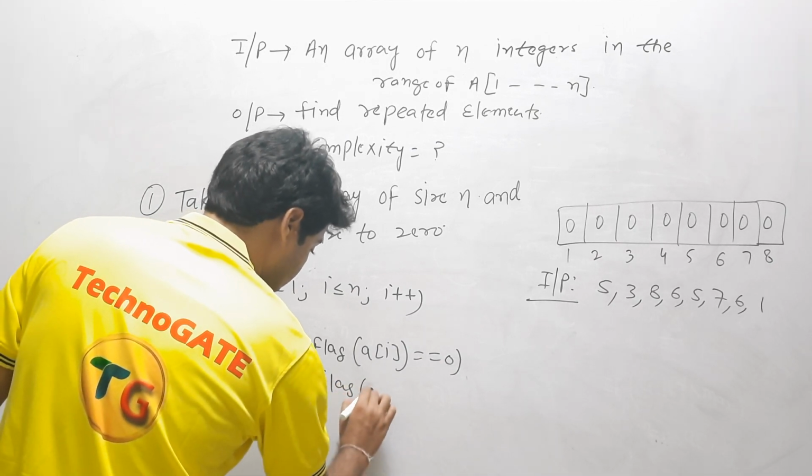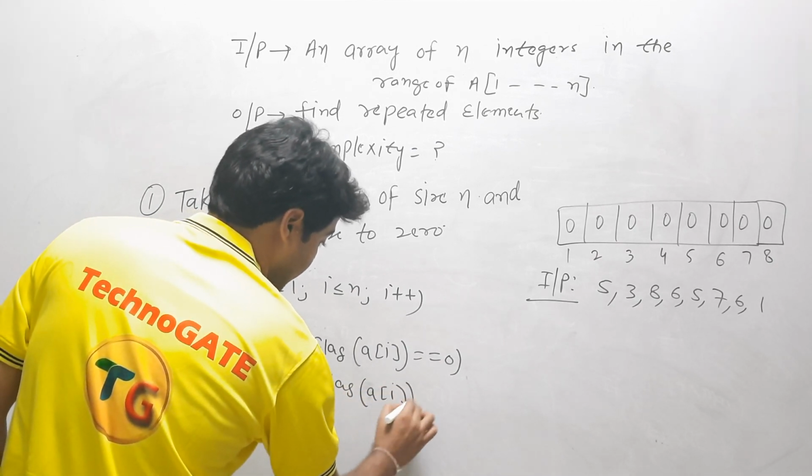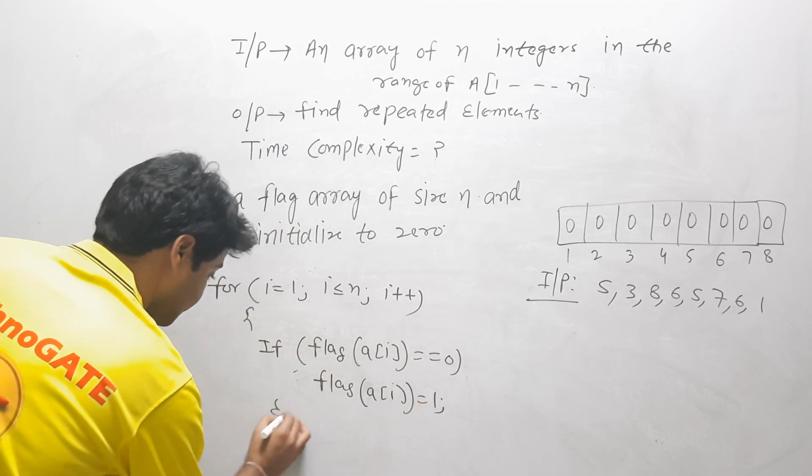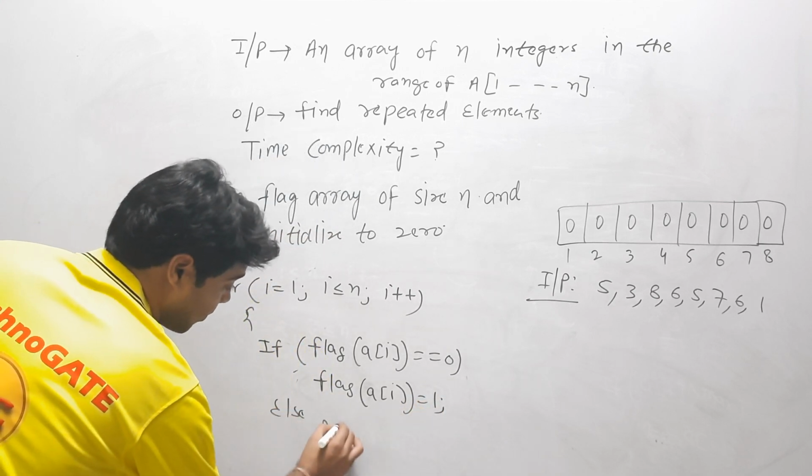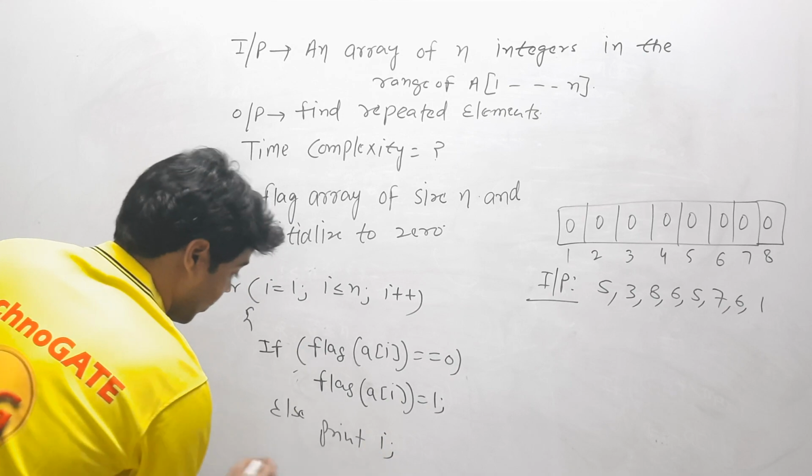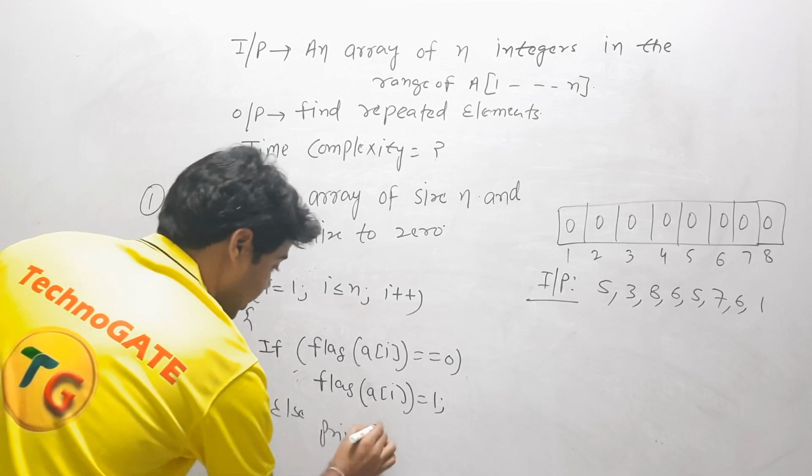So flag of a of i becomes 1. Else, print a of i here.